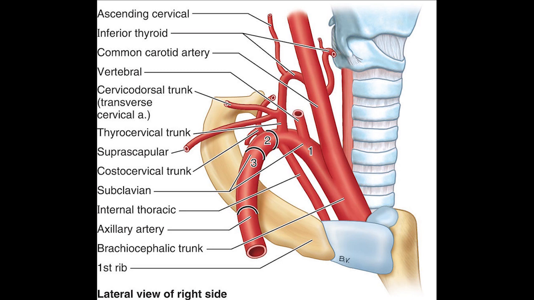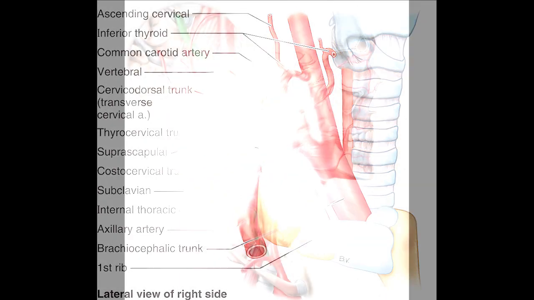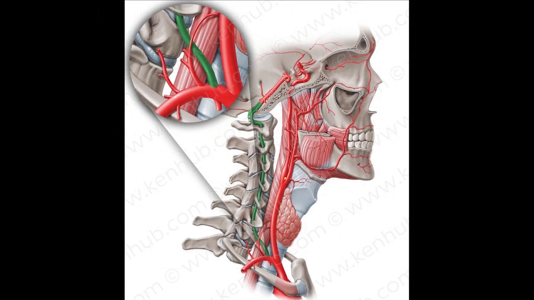Then the first part has three branches. First one is the vertebral artery, second one is the thyrocervical trunk, third one is the internal thoracic artery. The most medial branch is the vertebral artery.